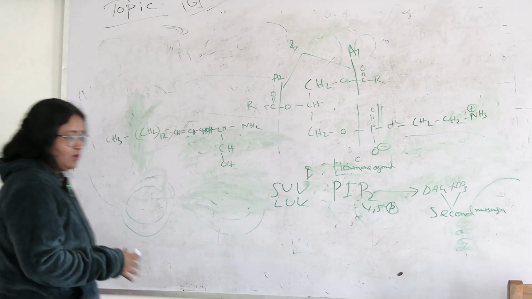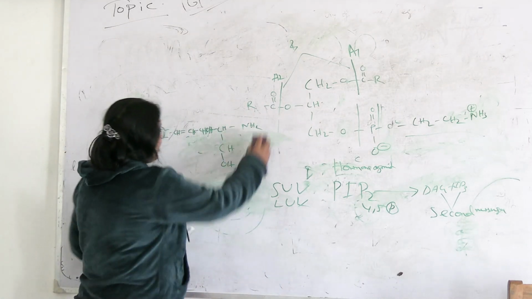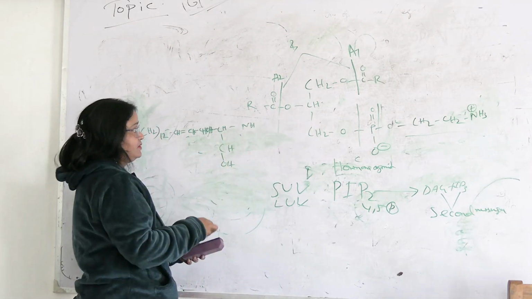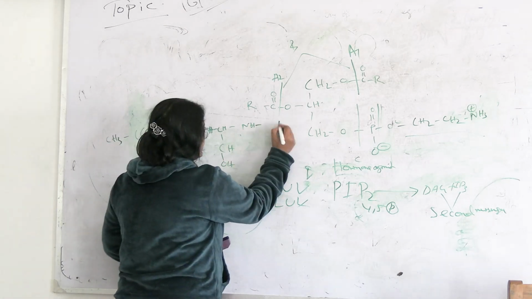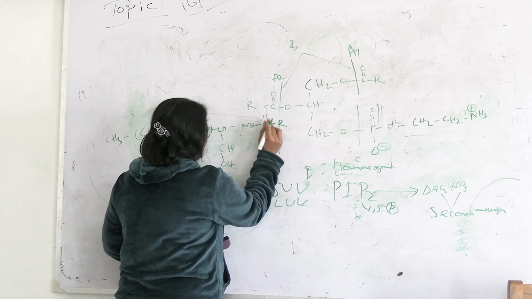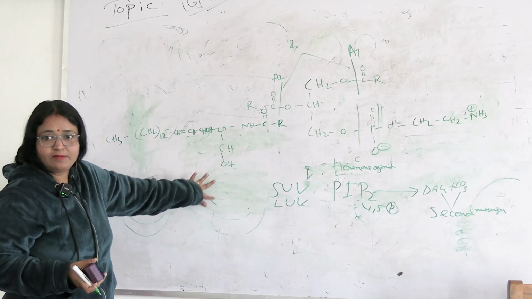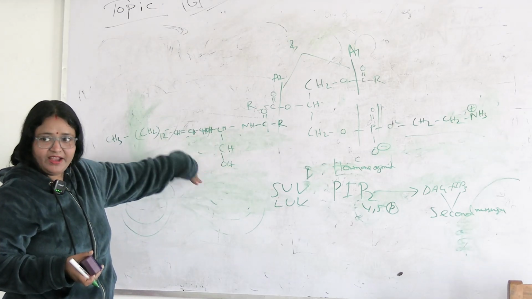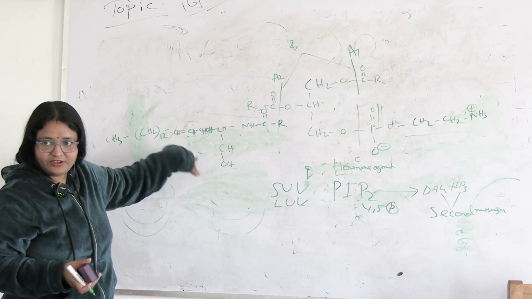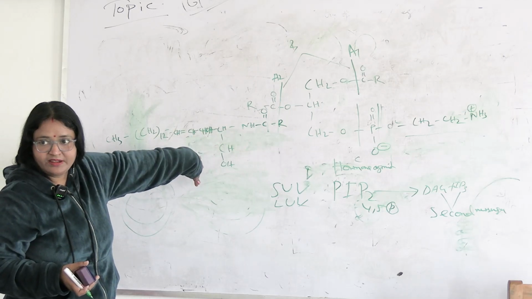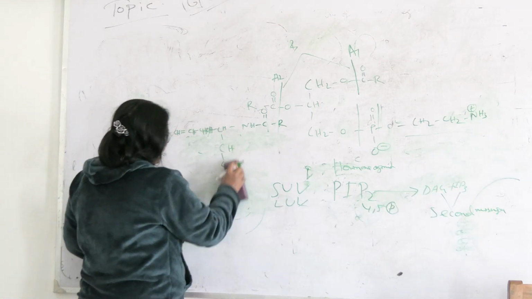Now I am making ceramide, here I am adding fatty acid, so RCO is added. This is the ceramide structure, present everywhere in glucosyl ceramide, globosyl, gangliosyl ceramide. This is the main structure, ceramide. Now I will add the phosphate.